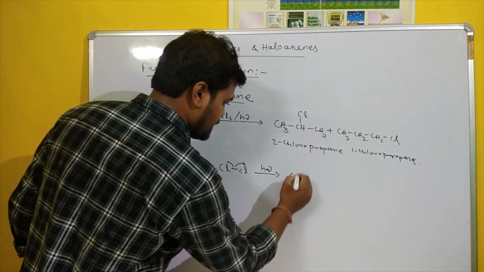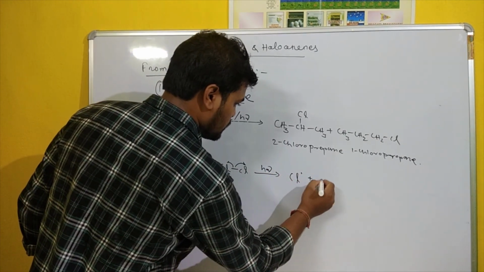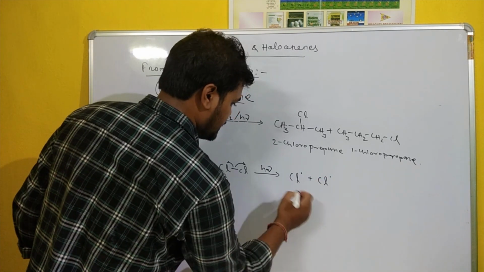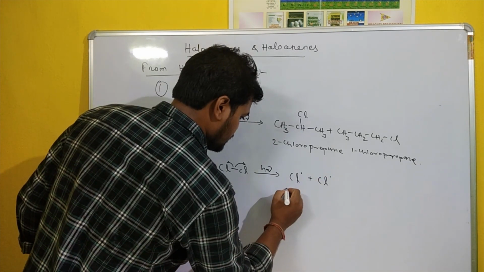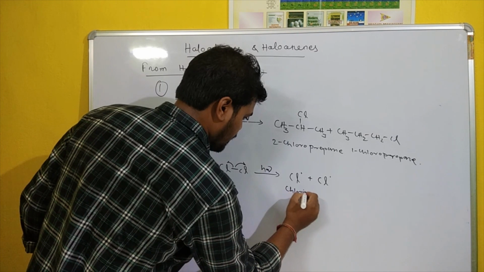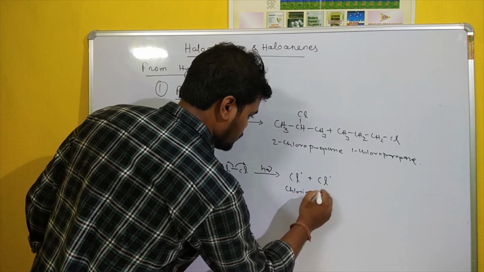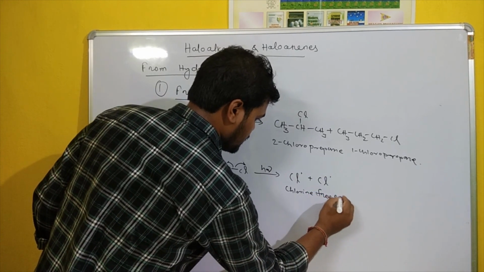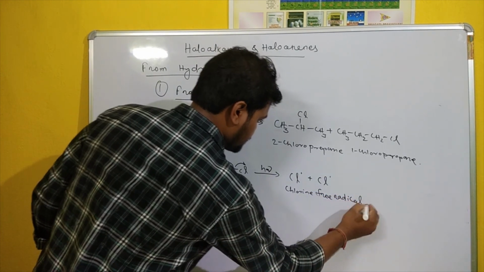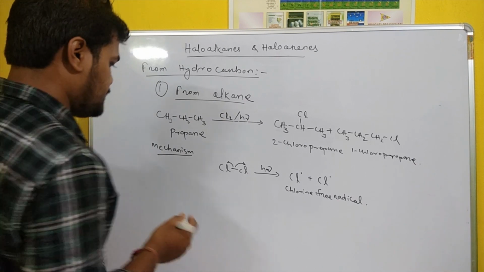So basically we will get 2 chlorine free radicals.